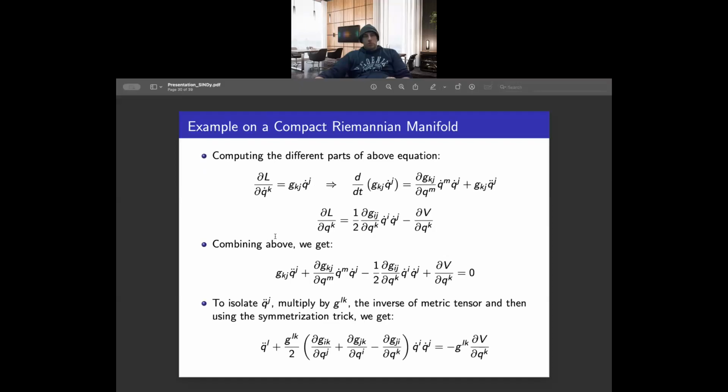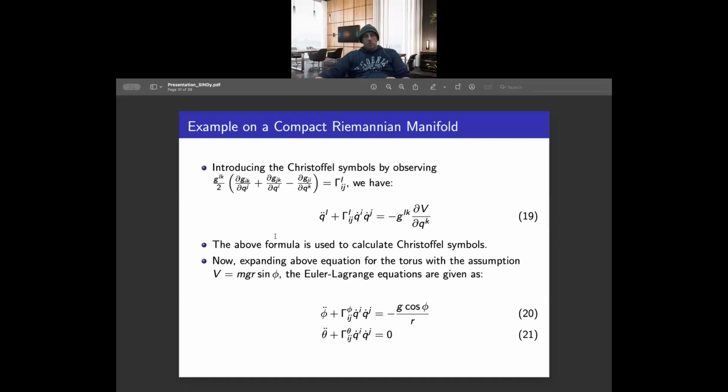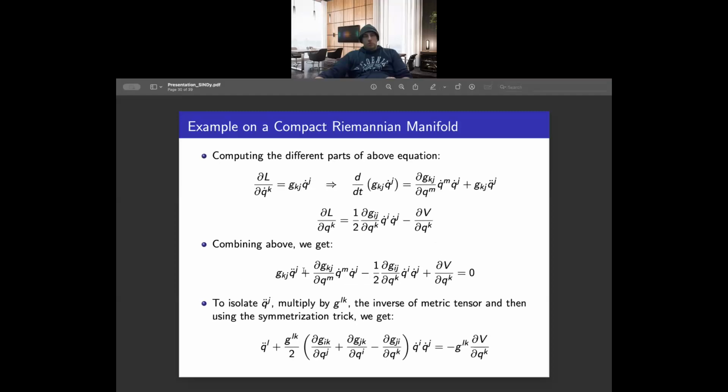Once you have these equations of motion, I don't think I will go through the calculations again. The final equation is equation 19, and this is the general equation of motion for any particle moving on any manifold with the potential V. This g_lk that you are seeing here is the metric tensor.